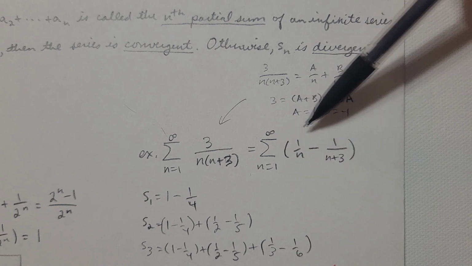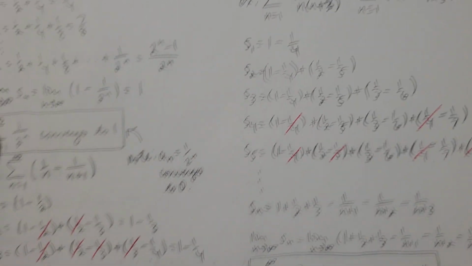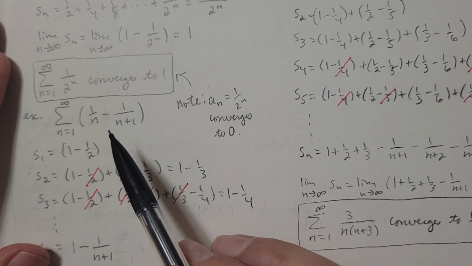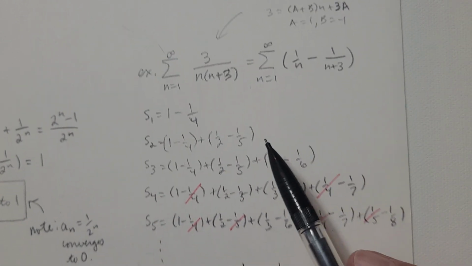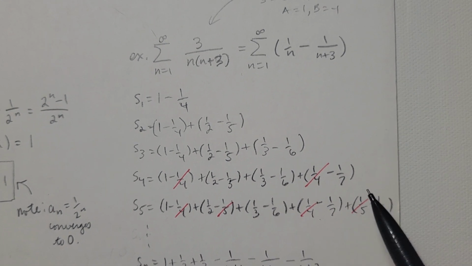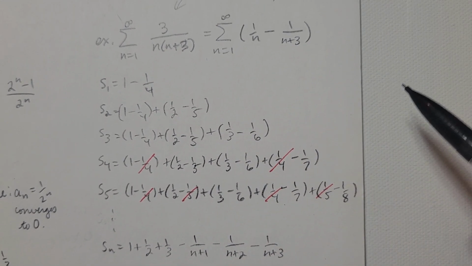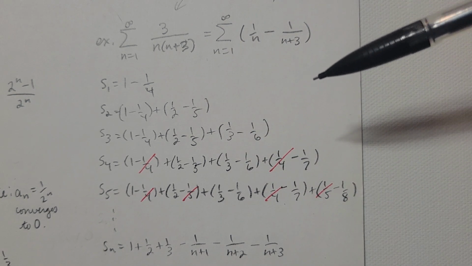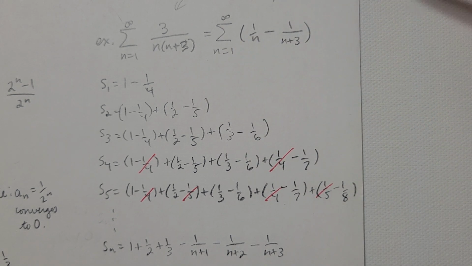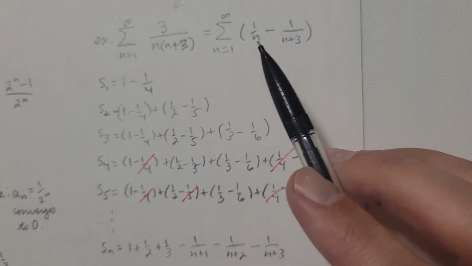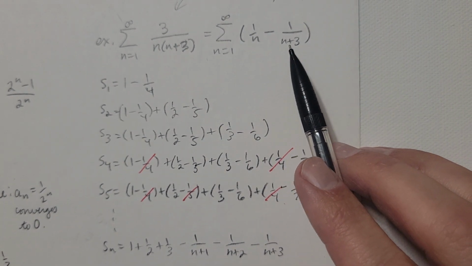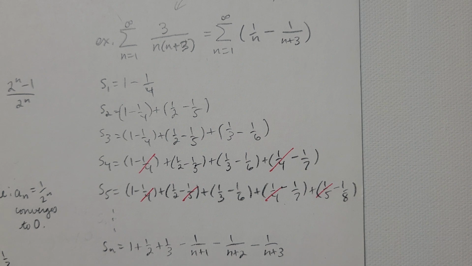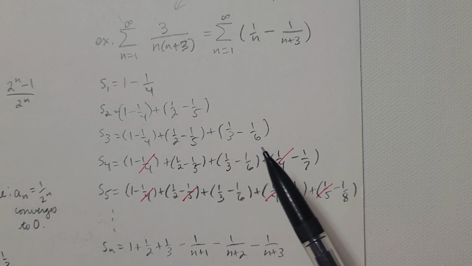Okay, and now this problem here is going to be very similar to what we just saw right here. So let me come up with a pattern, S sub n, and just look at the first couple of terms here. So S sub 1 would be where I add up the first term. When n is 1, I get 1 minus 1/4. And then when n is 2, I'm going to add the first two terms.